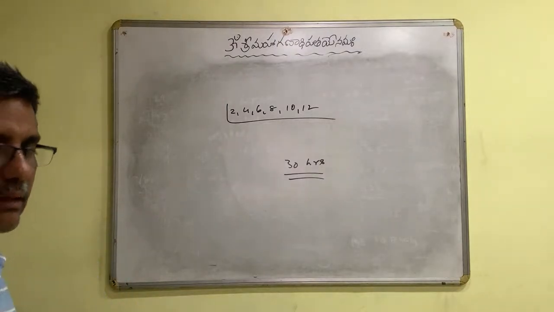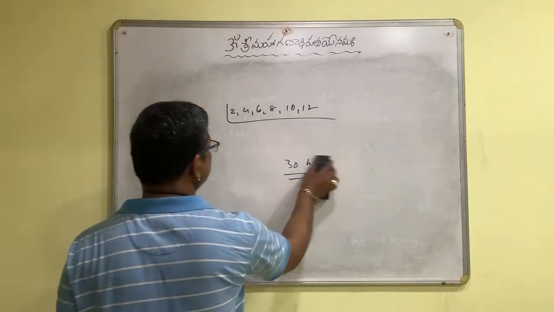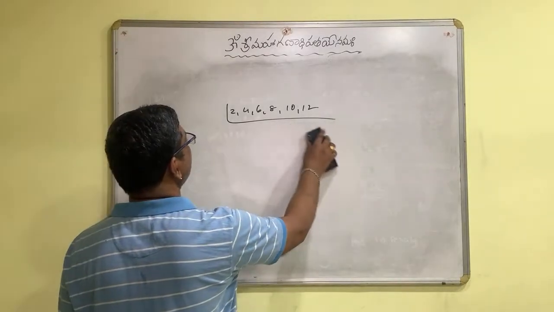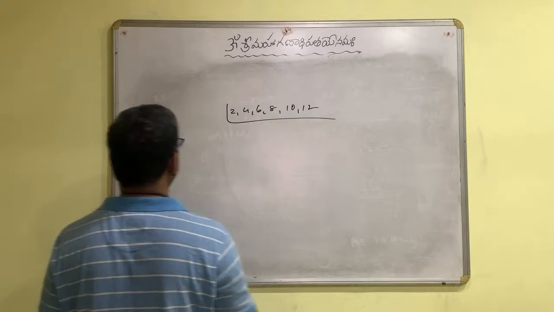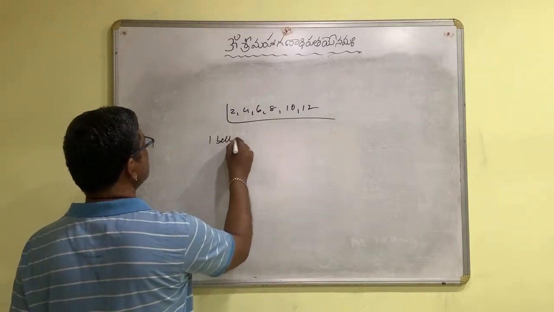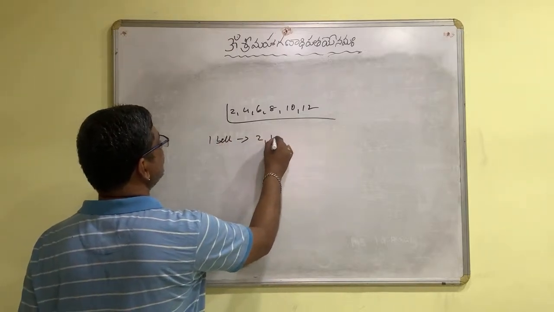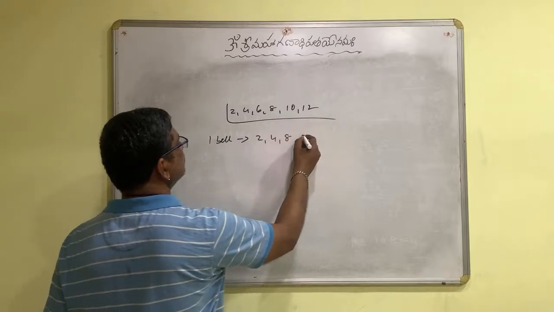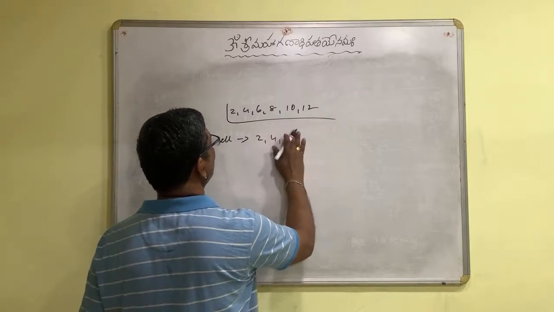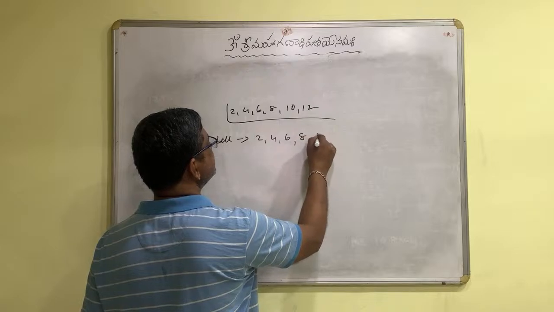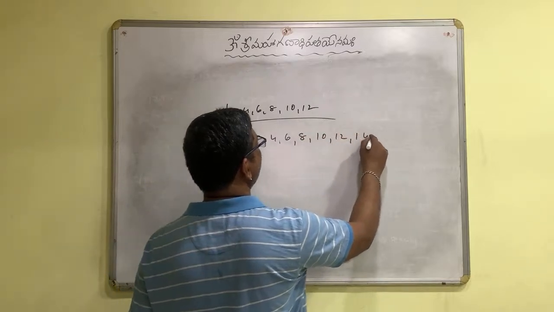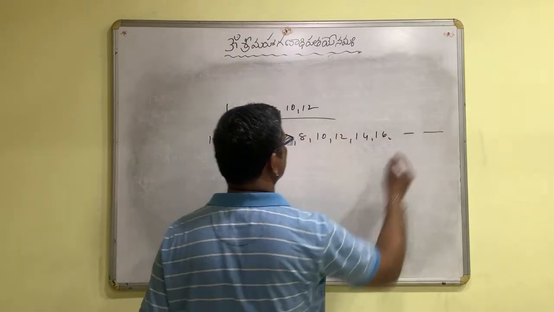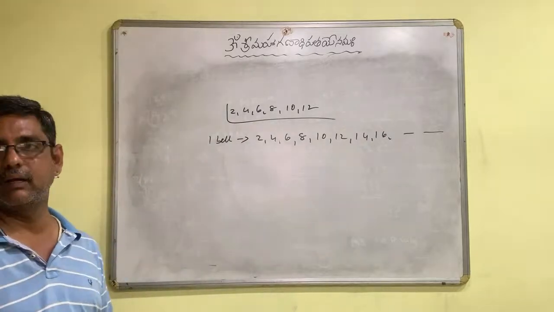Why we need to find out LCM? Let me tell you. The first bell rings after 2 minutes, 4, 6, 8, 10, 12, 14, 16, and so on. These are the intervals.